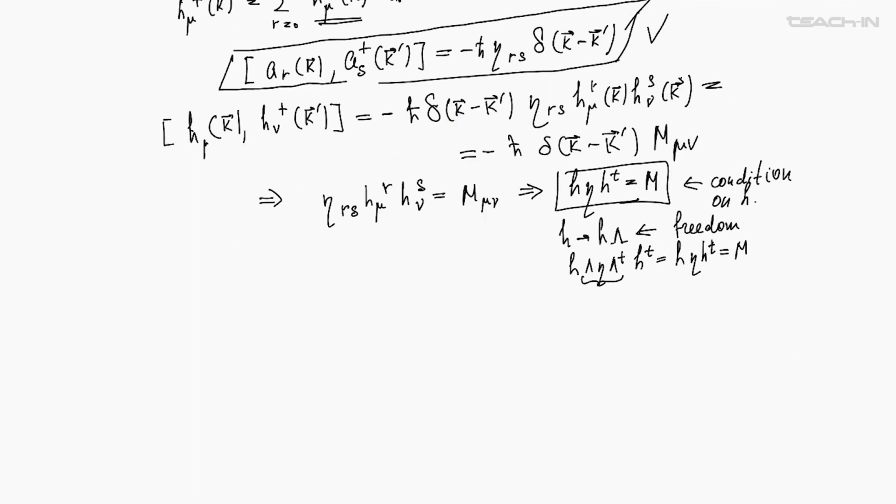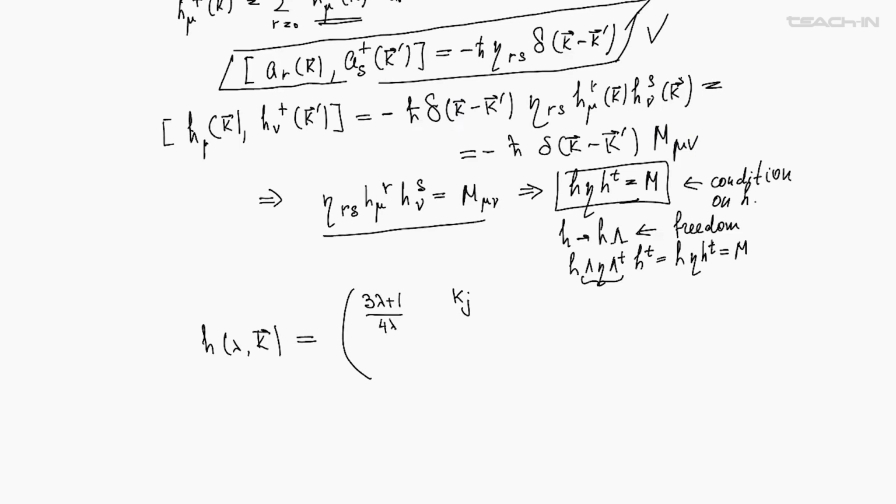And one nice solution of this equation, with the freedom taken into account, is like this. You can take H as follows. I give you an explicit solution, that is what I found. 3 lambda plus 1 divided by 4 lambda. Here, kj divided by k0, lambda minus 1 over lambda.